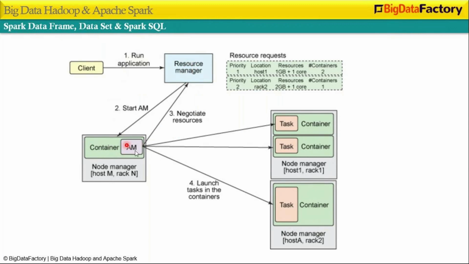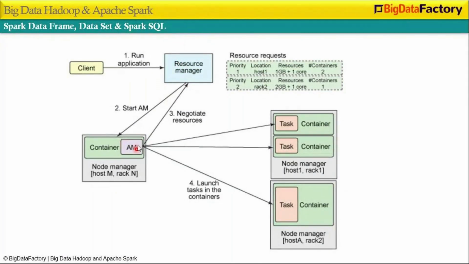He will ask, hey resource manager, for the execution of this application I want this much resources. The resource manager has the entire information about the cluster, like how many applications are there, and what the different non-occupied resources are.